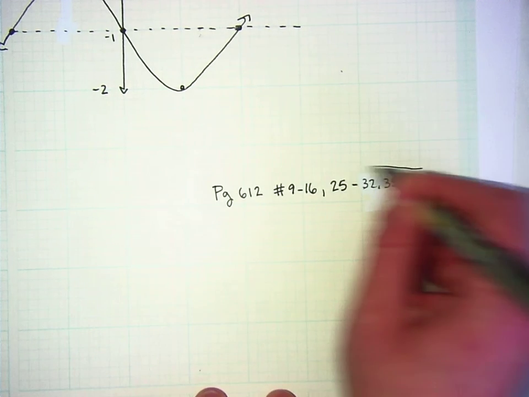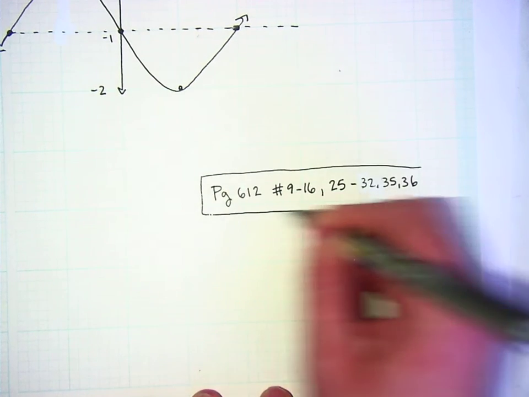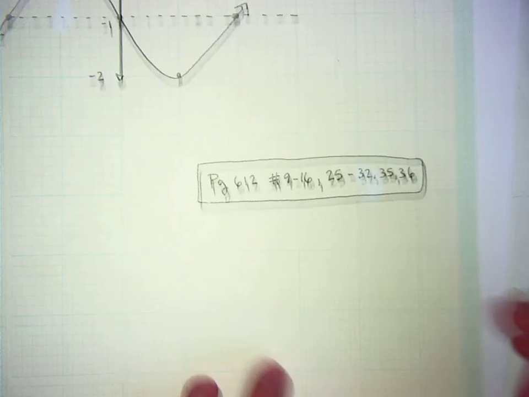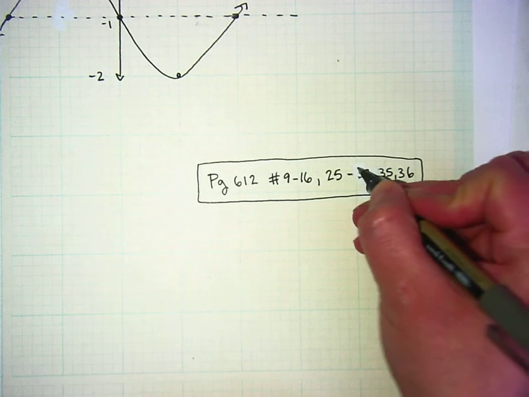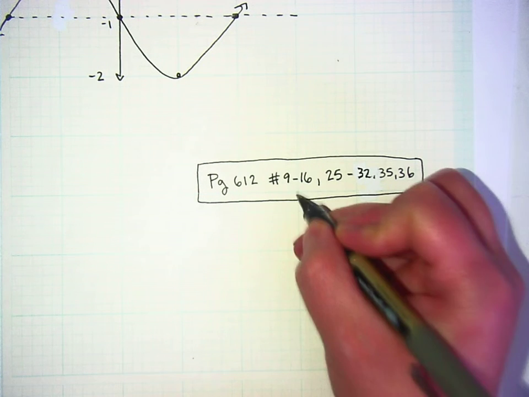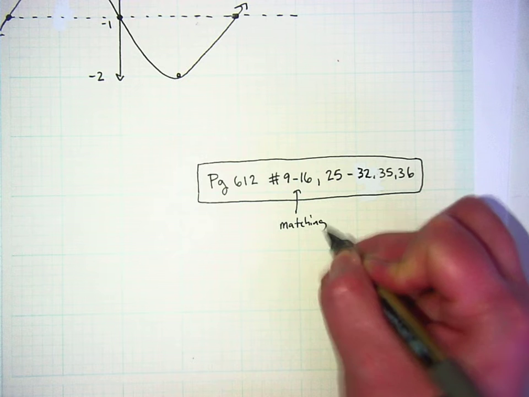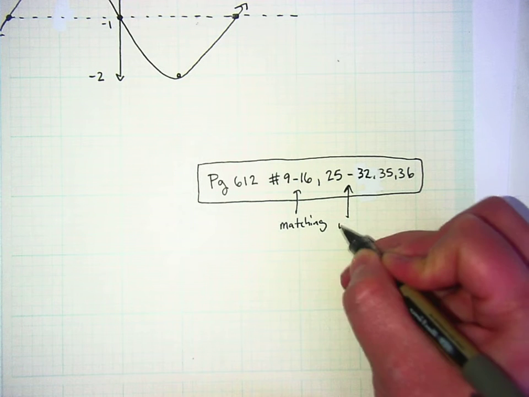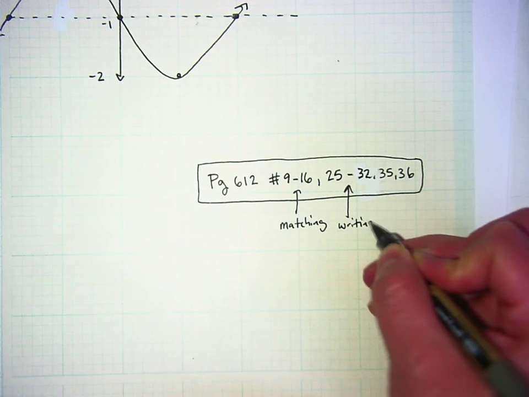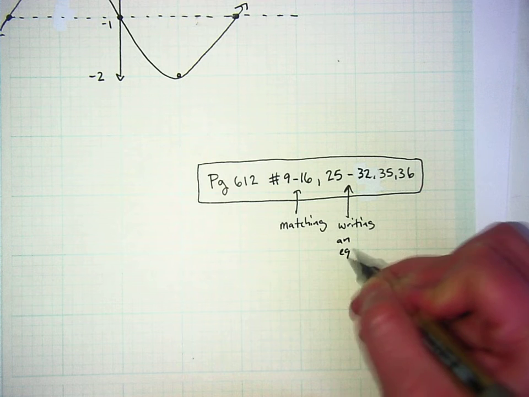Right here. So how about we do this? These are matching. These are writing an equation, which we haven't tried yet, right? We've only seen equations.